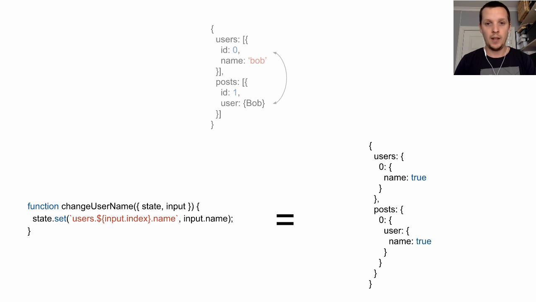So that means that when I go in and I change this user, this Bob user, when I have an action that changes the name of that user and I change it on the user's index 0 path, the state tree will actually understand that this object is also referenced on the post. So it doesn't only give feedback to Cerebral that this specific user's path changed, but also the post's path.